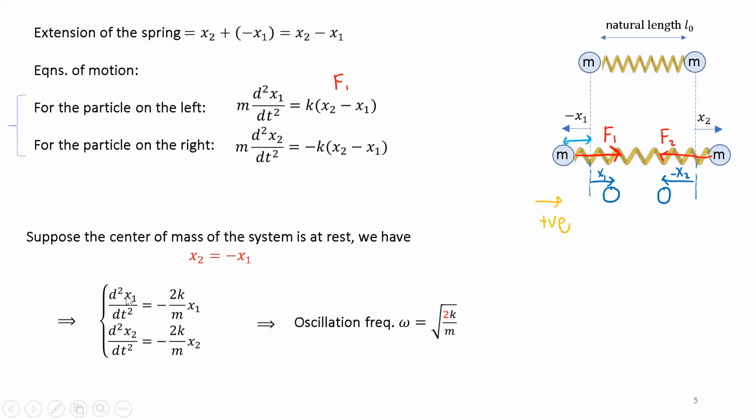This equation just contains the variable x1, and this equation only contains the variable x2. And from this coefficient, you tell me that the oscillation frequency is square root of 2k divided by m.